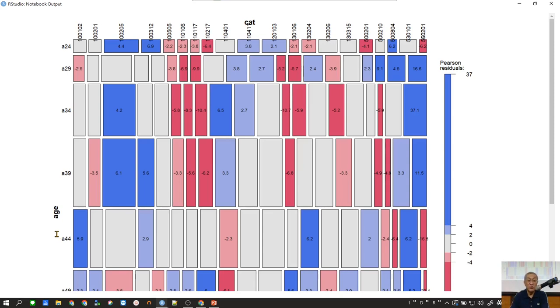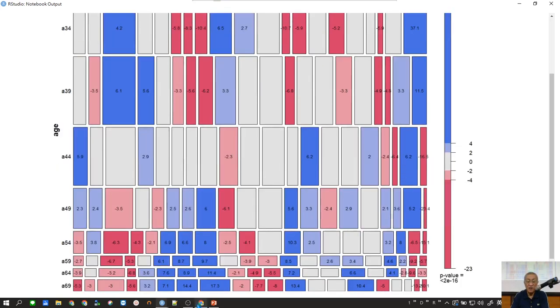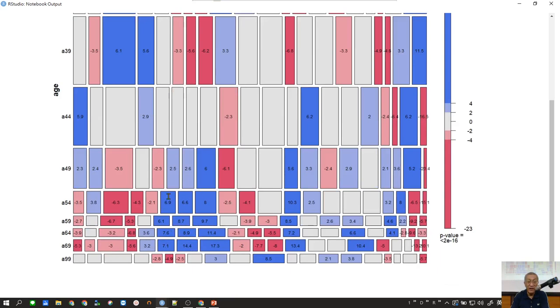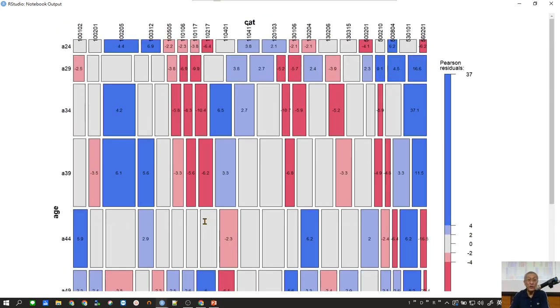And so I can tell that it looks like for younger people, they don't like this product category, right? But for the older people, they like this product category. See? Okay. So when you put two categorical variables together, you can actually use mosaic plot to do a very useful visualization.